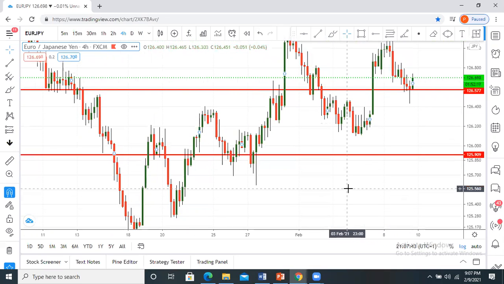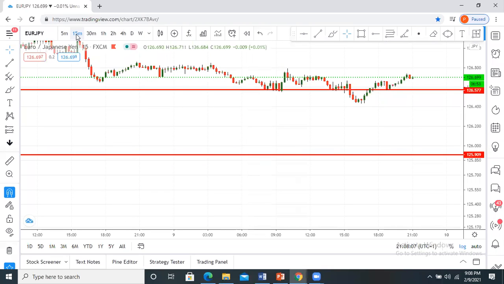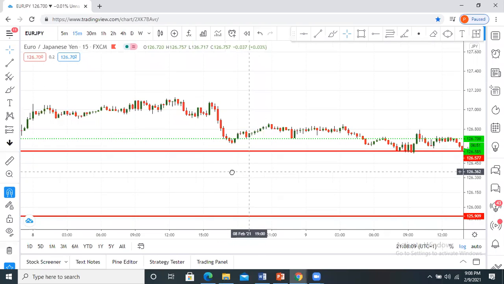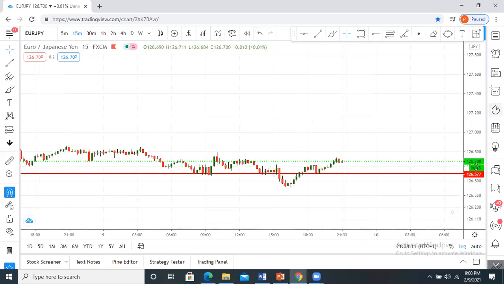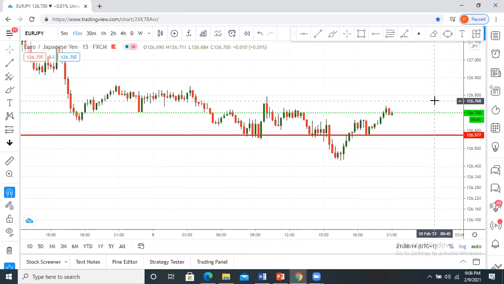Rule number one is ensure that the market you are applying your Fibonacci retracement to is a trending market. Rule number two, you can be writing these rules down: while trading with Fibonacci retracement, you don't want to go to a lower time frame like 15 minutes to determine the trend of the market, because this will show you an uptrend or a downtrend when the market is actually just doing a pullback.